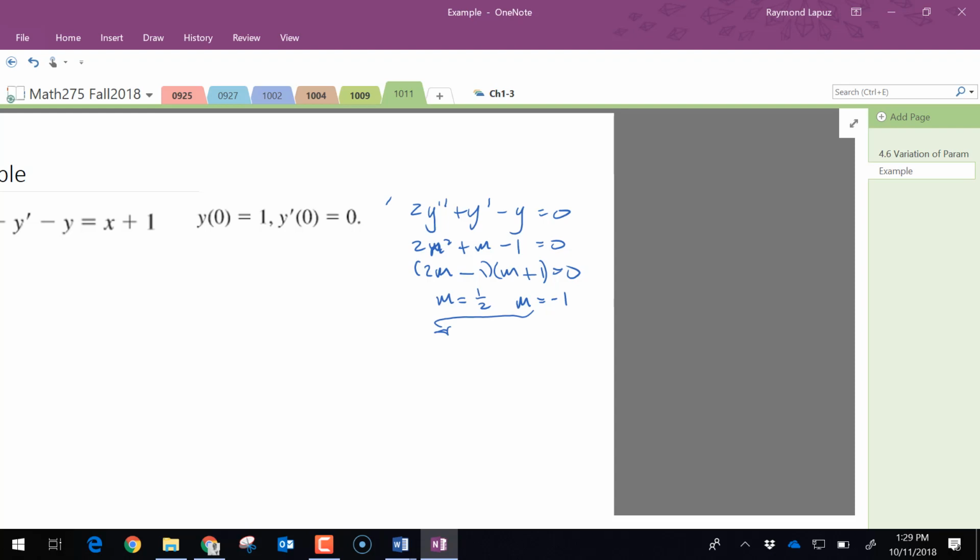It doesn't matter as long as when you do the W1 and the U1, you stay with what you put as y1. But I'm just going to be consistent. So y1 is equal to e to the negative x, and y2 is e to the 1/2 x.